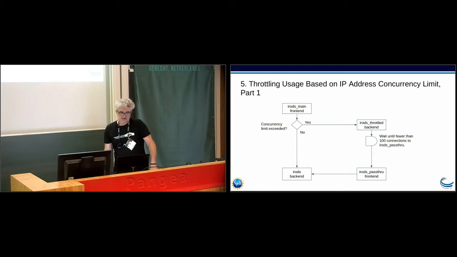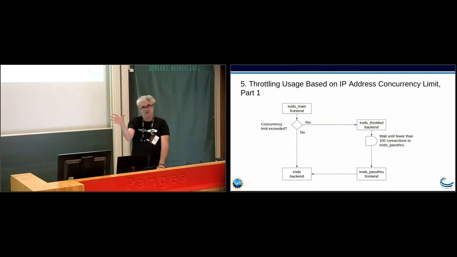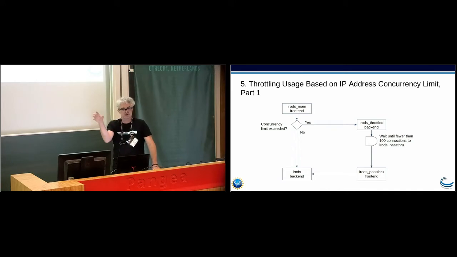And this backend has a max con set to 100 instead of the 200 typical. So only 100 pass through its gate onto another front end we've defined, which then directs traffic right back to the backend. So basically we've just got a queue off to the side, route connections through, and we'll only let 100 of them pass through this thing at a time, and then they come back onto the mainstream.